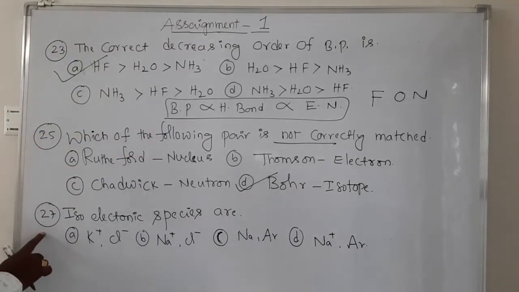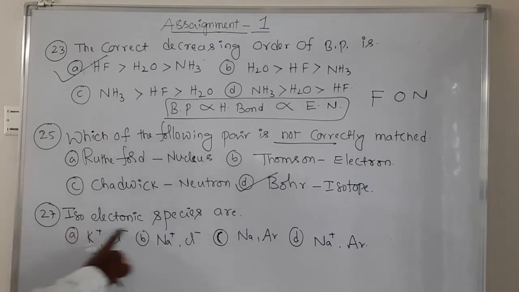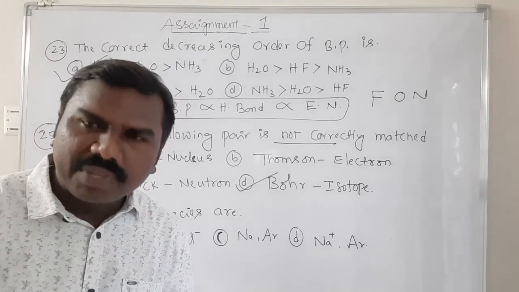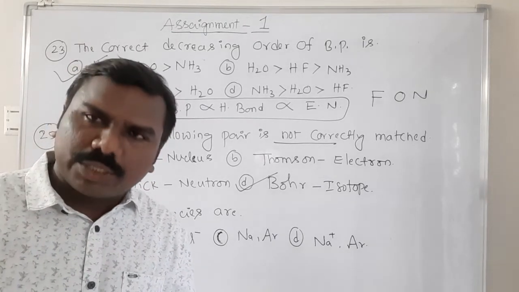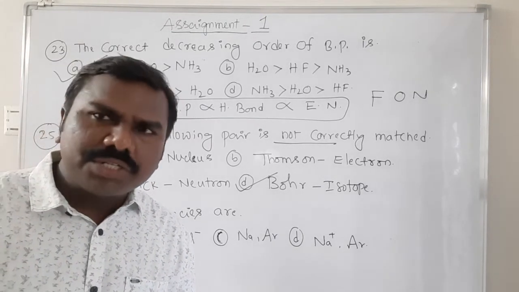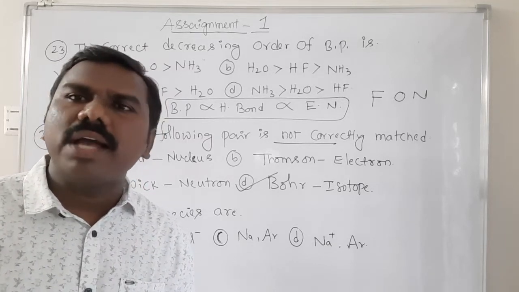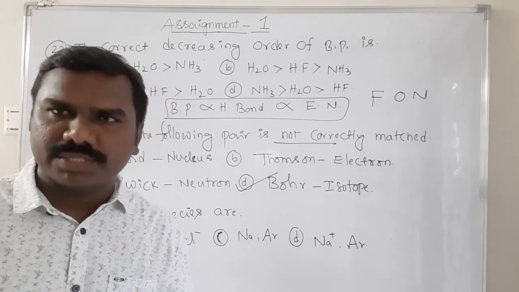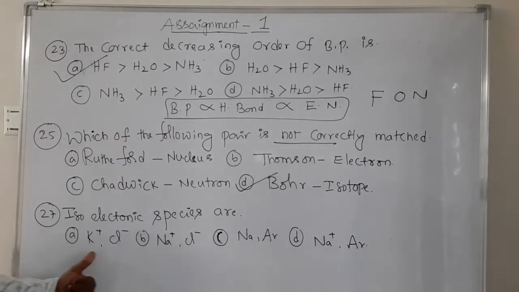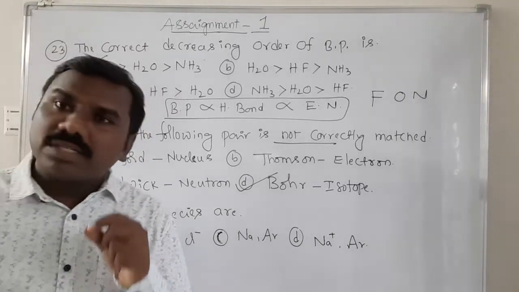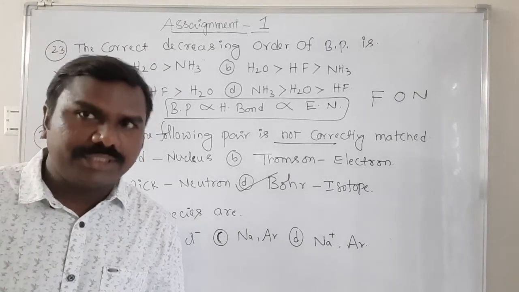Next, bit number 27. Isoelectronic species: iso means same, electronic means electrons. The species having the same number of electrons are called isoelectronic species. K plus, Cl minus. Potassium atomic number 19, so 19 electrons and 19 protons must be there actually.